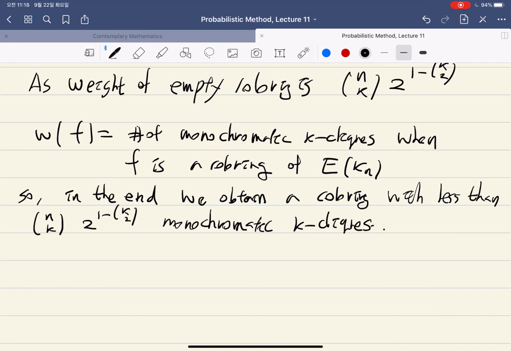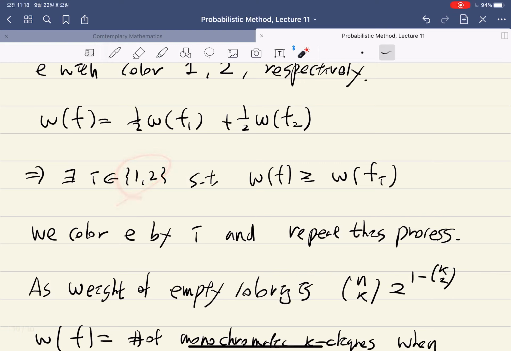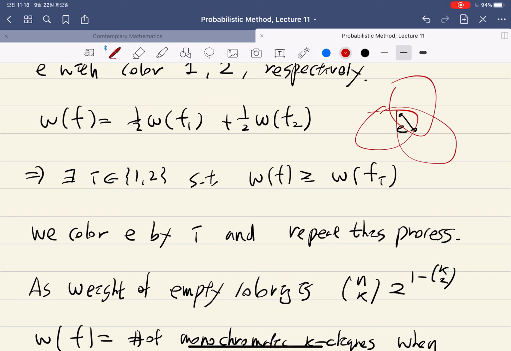And also every time we have to decide whether to choose i as 1 or 2. For that we have to actually compute the weights of F1 and F2. Two cases we have to compute. But in order to compare which one is bigger, there is E, and we just consider the sets of size k which contain E, because for other sets which don't contain it, the weight computations are the same on both, so we don't have to compute.